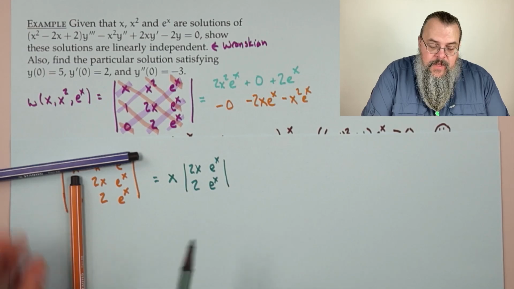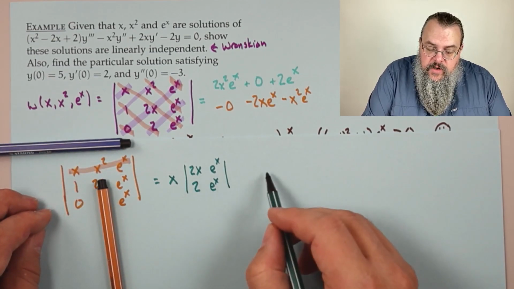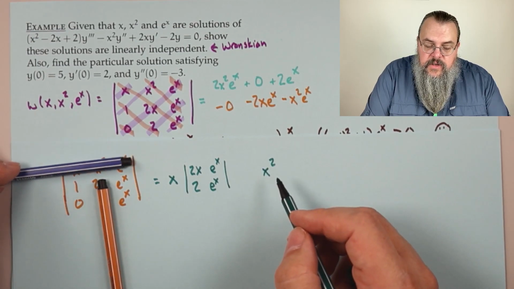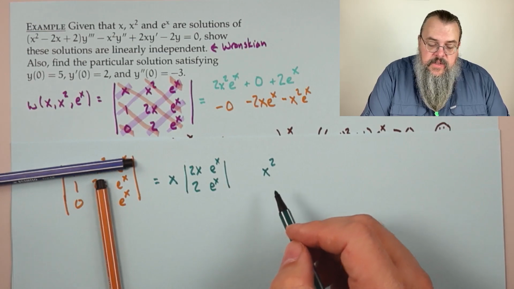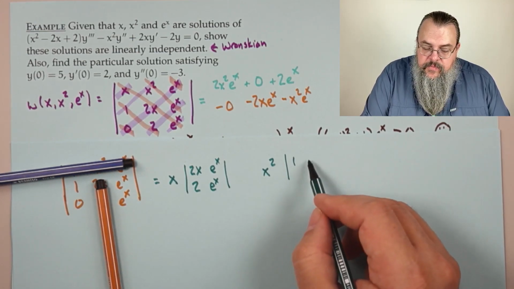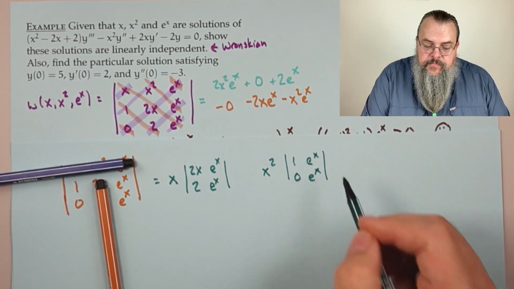All right. Now, we go to the next entry, which is x squared. So we say, okay, x squared. And again, cover up the first row, cover up now the second column, and you see that you have, again, a matrix. So you write that down: 1, e to the x, 0, e to the x.